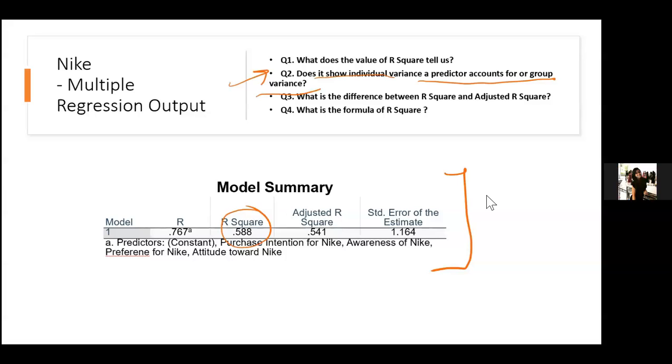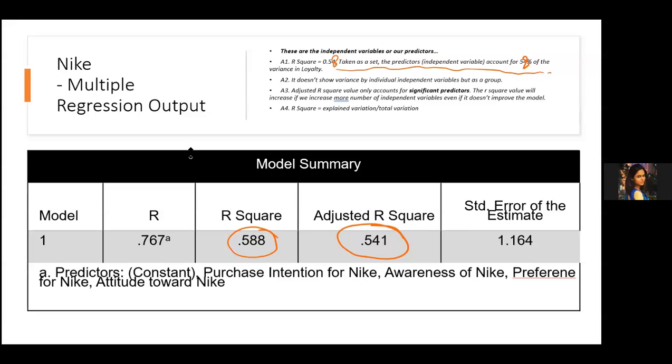Group. Yes, group. So this is the overall model. It doesn't show variance by individual independent variables, but as a group. Which table tells us the individual one? Coefficient. Yes, coefficient. Great.